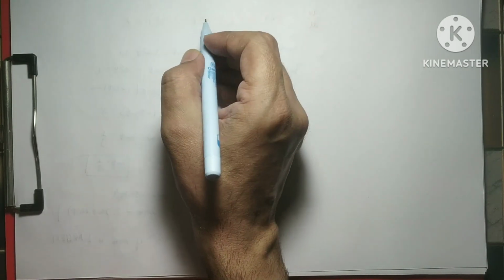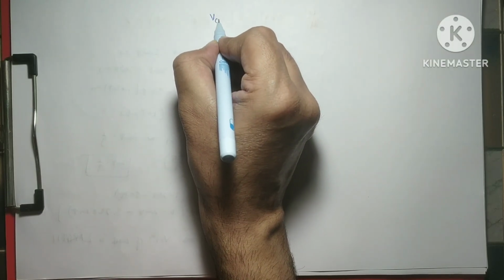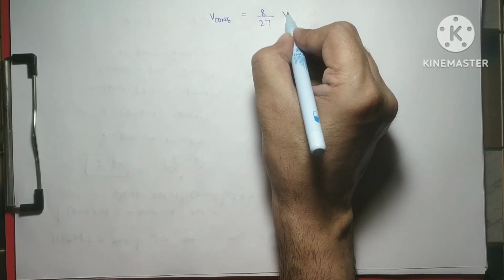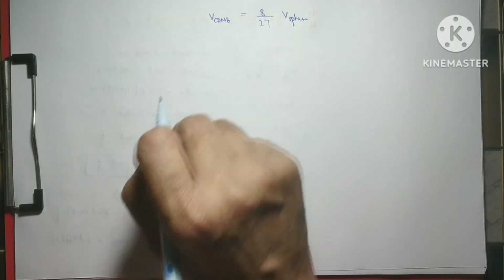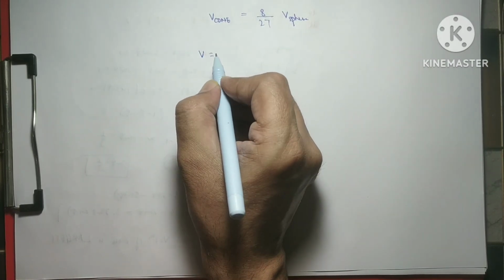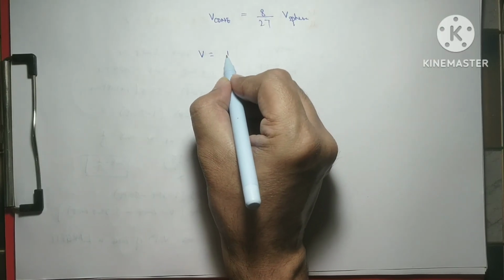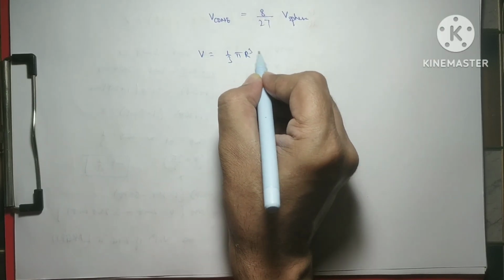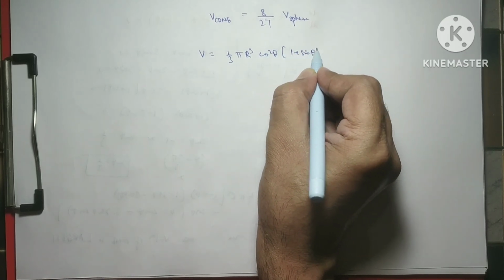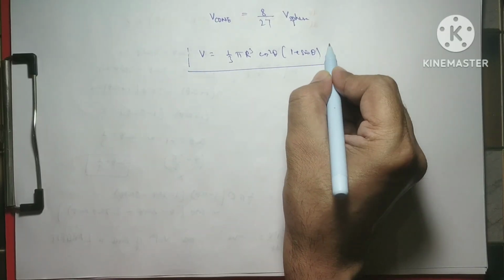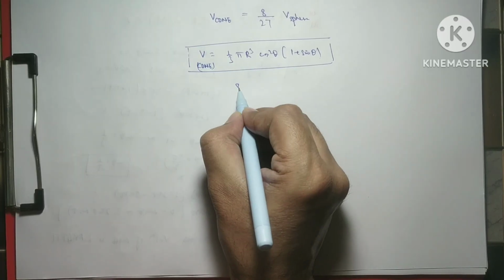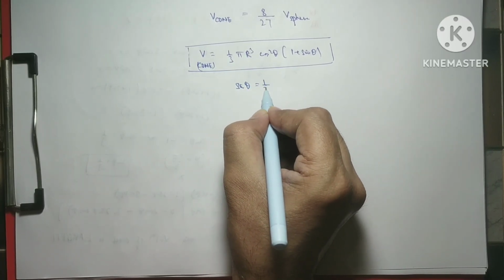Now according to the question, we have to show the volume of the cone is 8 over 27 times the volume of the sphere. For proving this, first we take the volume expression V, that is 1 over 3 pi r cube cos square theta into 1 plus sin theta, and we have the value sin theta is 1 by 3.